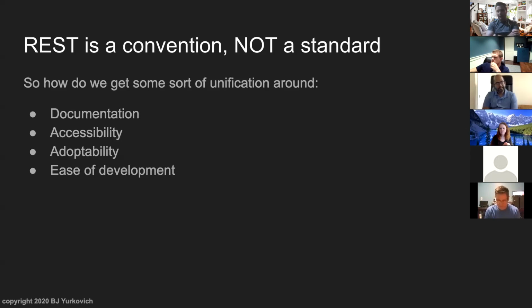So not just V2V, but a V2X, V2I situation, you certainly need that, because you may need to know two blocks ahead what the traffic pattern looks like, so you can optimize your fuel economy as you approach it. Things like that. You need a complete and constant string of communication.